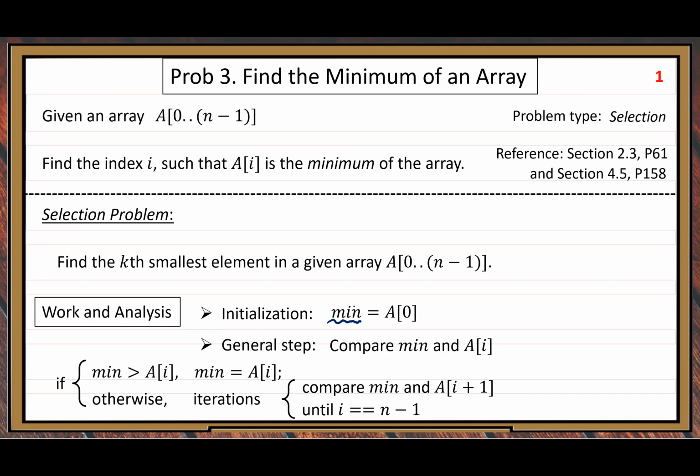After you complete the comparison of the min variable with the last element, you get your final answer. So finally, you return the value stored in the min variable. That is the whole algorithm.